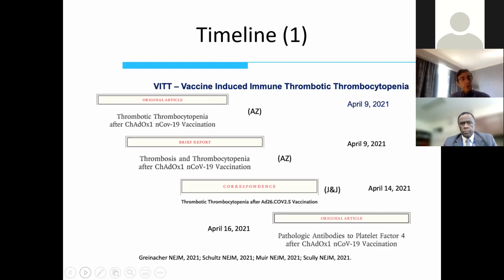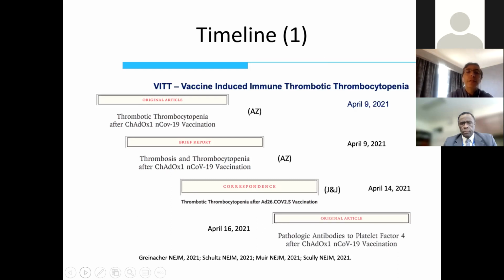Let's go through the timeline and review what happened within almost a week's time span. So what you see lined up in your slide are 4 different publications that occurred between April 9th and April 16th at the New England Journal of Medicine, headed by Boston/Harvard, Boston, Mass, United States.